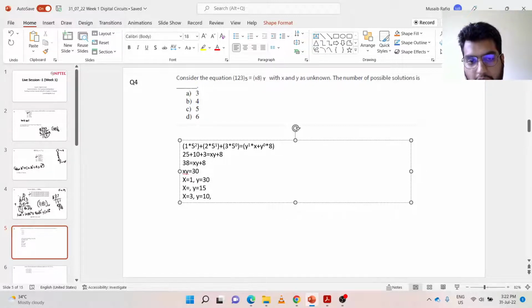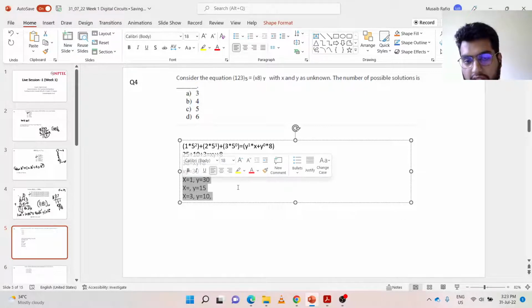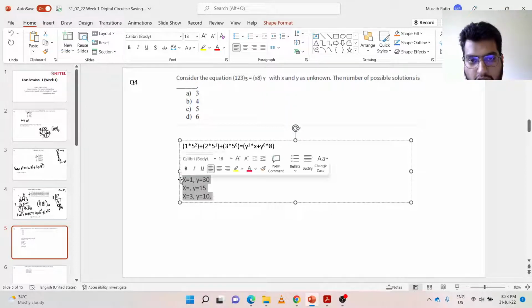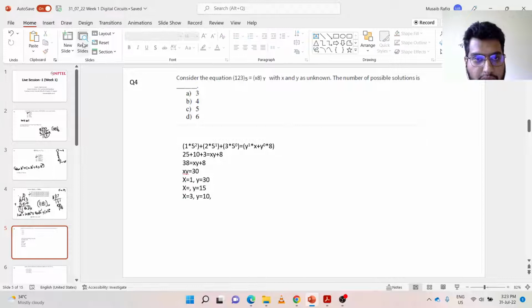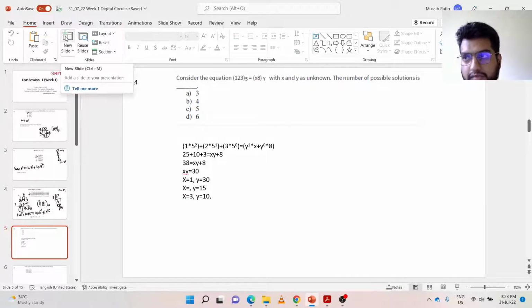But y can't be equal to 6 because you can see this number here, 8. So y cannot be less than this number 8. So the minimum value of y that we can go is 9. So the only possible solutions are these three. The value of y cannot be less than 9 as 8 is present in the y base. So we have only three possible solutions, which means our option A is correct.